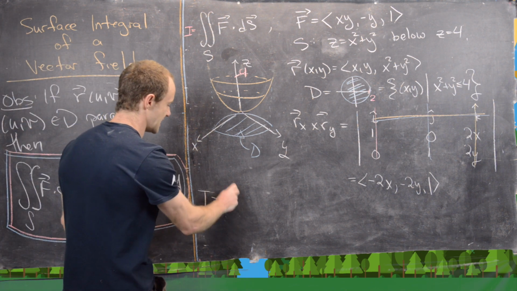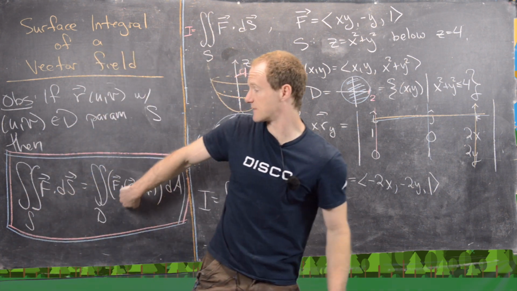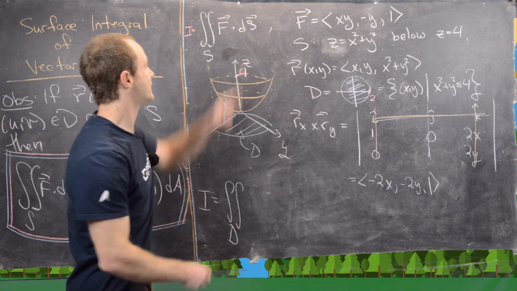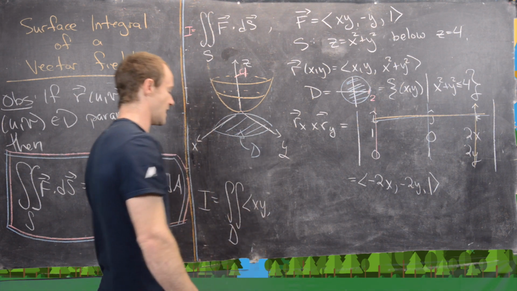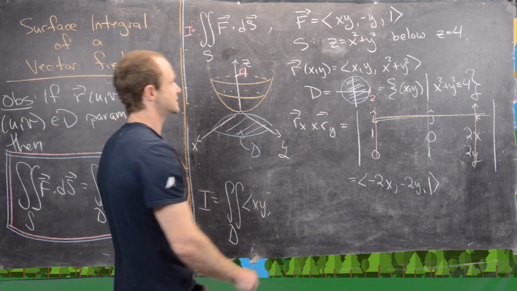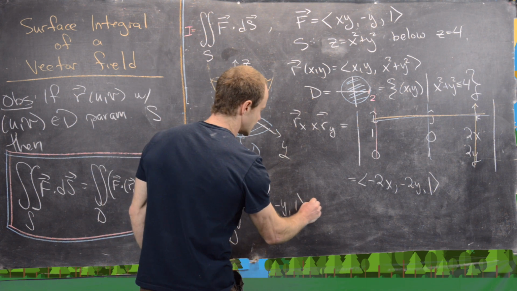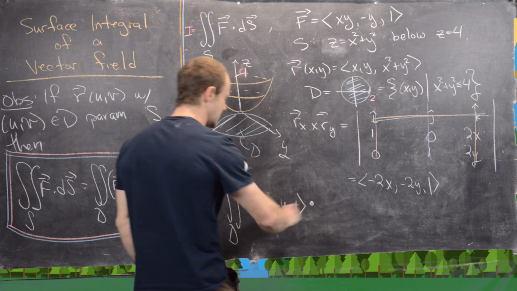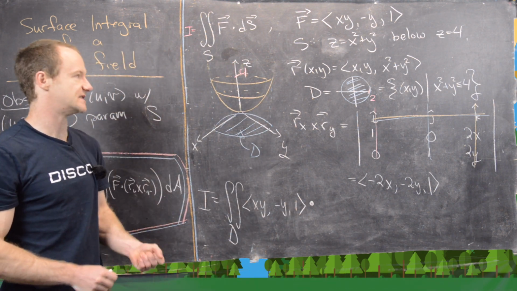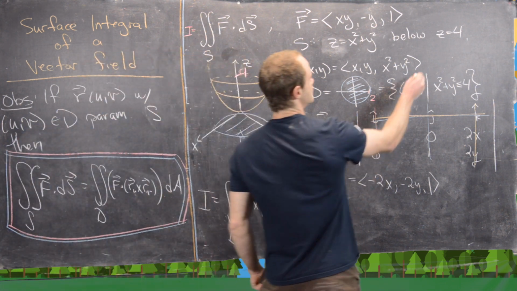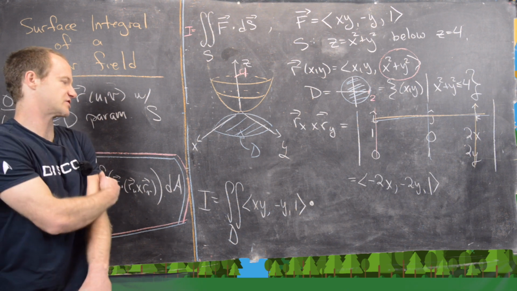So we have I is this double integral over D, again using this observation over here. And then we've got F, which we can go ahead and use our original variables, so x, y, minus y, 1. Now I should say, if there were a z in this vector field, which there is not, but if there were, we would use this for the z, because that takes the z component in the parameterization.